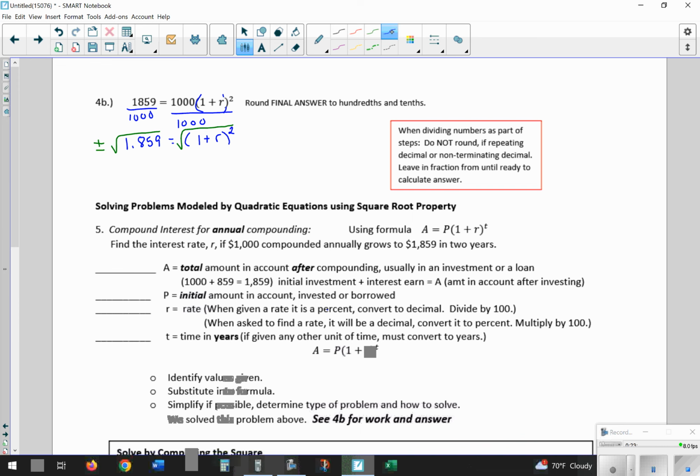Now, because we've already seen that the square root of 1.859 is a non-terminating decimal, this is where, in this kind of problem, we don't want to simplify the 1.859 right now. We just want to leave it under the radical for the time being.